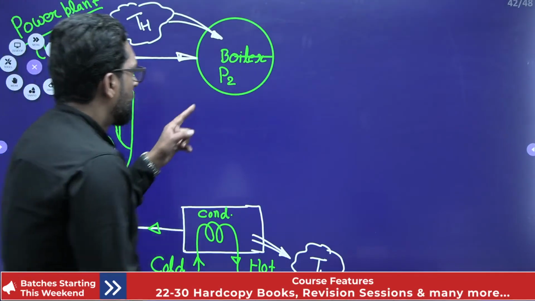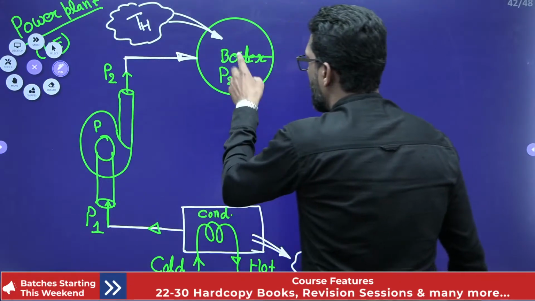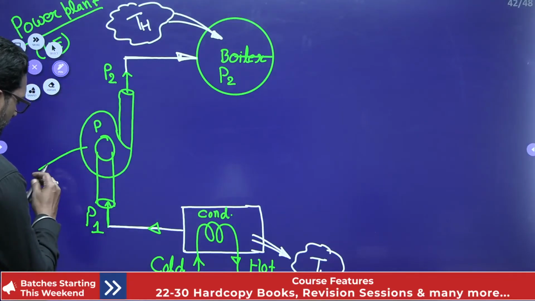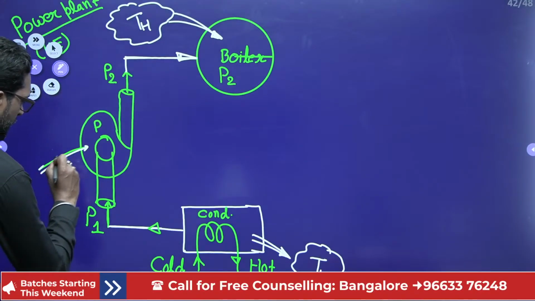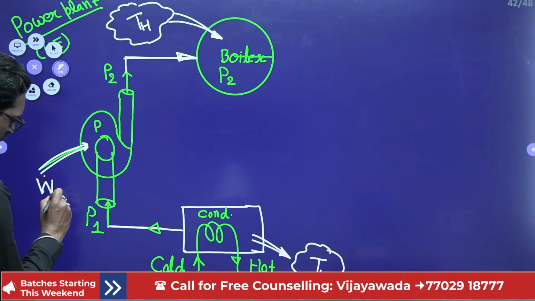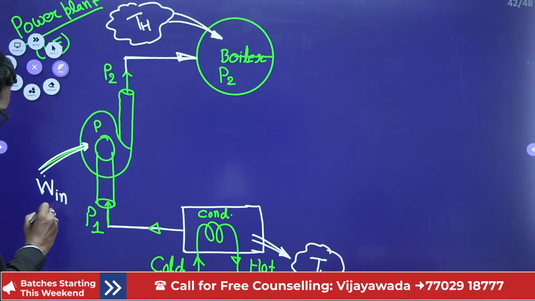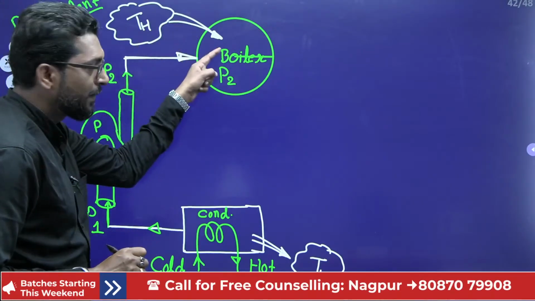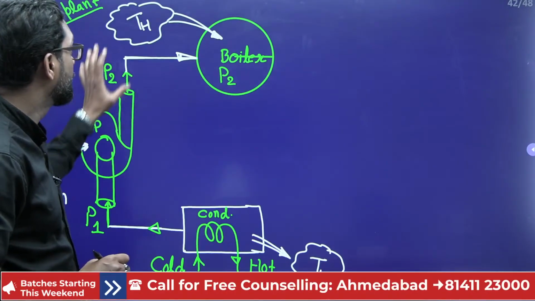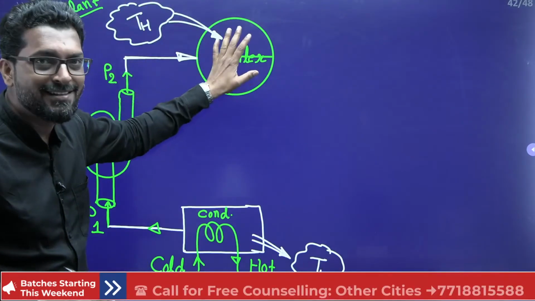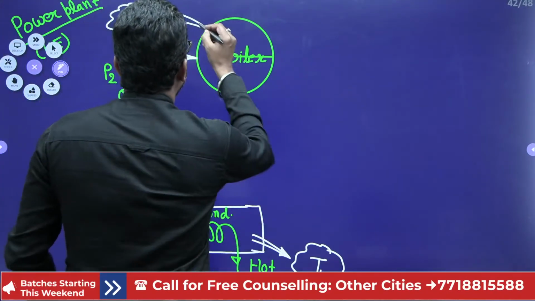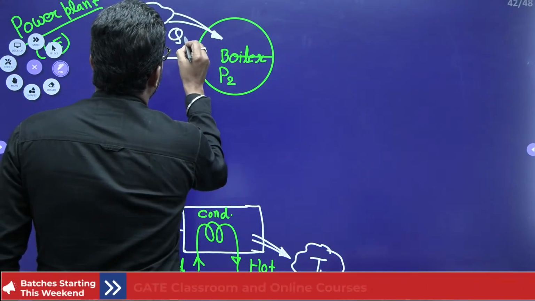Now from the boiler, see, there is a compression, that means in this case there is work in, let's suppose W dot in to the pump. This is your reversible adiabatic process. Then there is isothermal heat addition, heat addition QH.